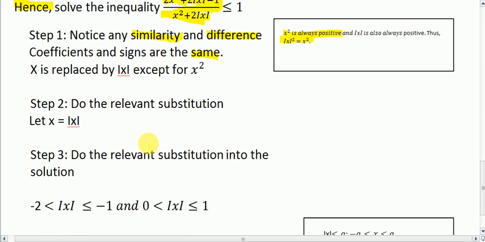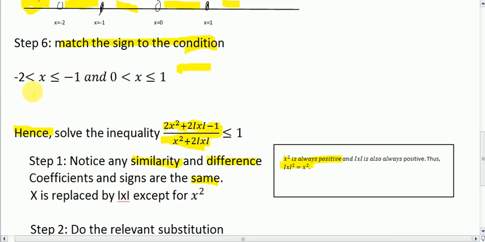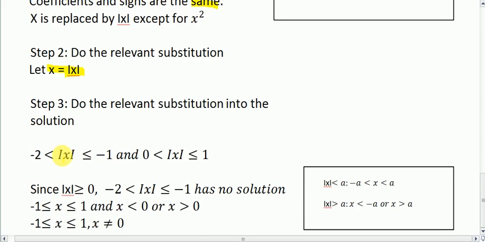So in step 2, we do the relevant substitution. We let x equal to mod x. Step 3, do the relevant substitution into the solution. Meaning, instead of putting x here, we substitute mod x into this, as stated here.